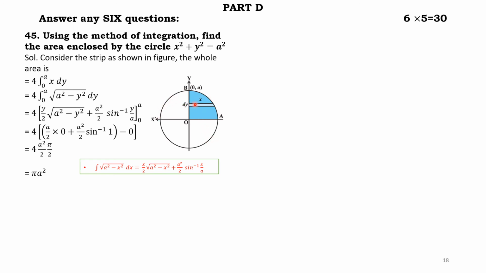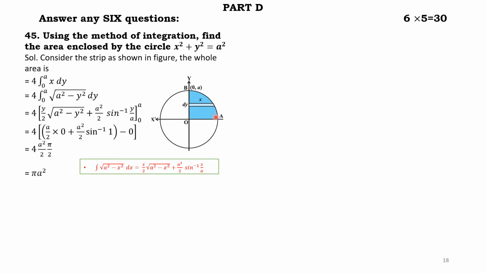Now if you consider a strip moving from y is equal to 0 to y is equal to a, and multiply this quadrant area 4 times, we will get the total area. So the question again: using the method of integration, find the area enclosed by circle x square plus y square is equal to a square. Therefore it is the integral from 0 to a of x into dy, x is varying.